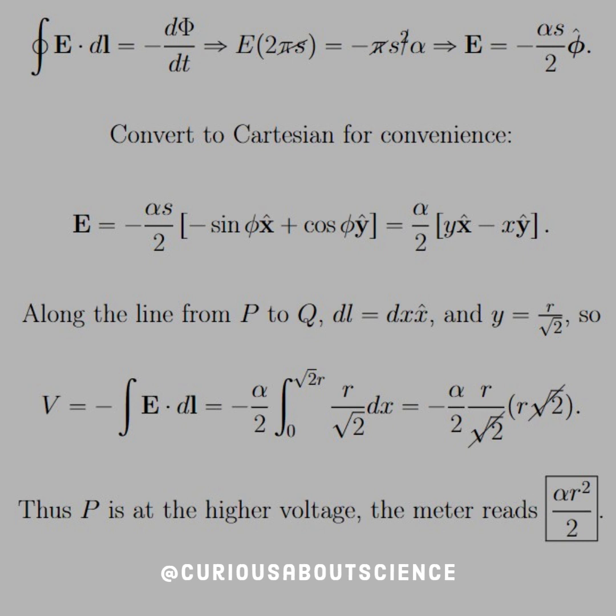And then along the line from P to Q, we see that dl is equal to dx x hat, and y is equal to r over root 2, and this is where the geometry comes in. If we draw this as a triangle with r being the hypotenuse, then you see that the two legs of it will have to sum together, and that's where we get x squared plus y squared, all that fun stuff.